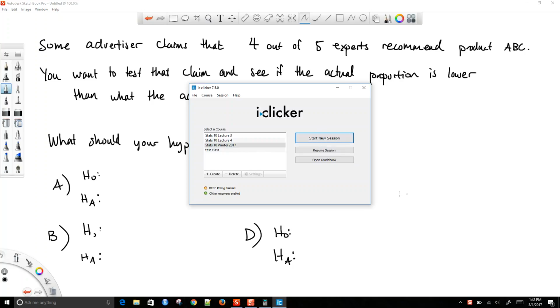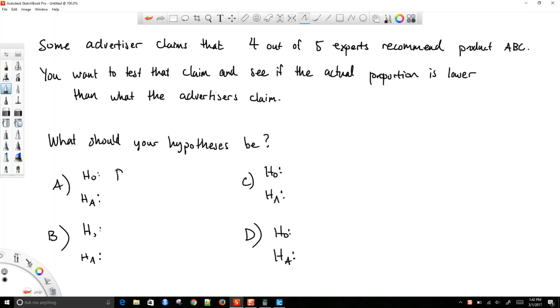Start a new session here. Okay, so we'll say P is equal to 0.8. P is not 0.8. P is equal to 0.8, P is less than 0.8.